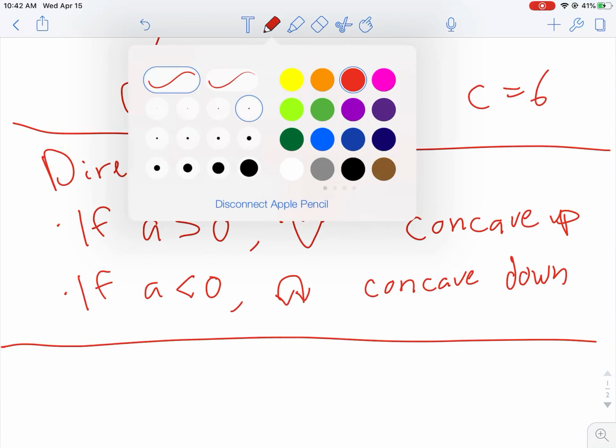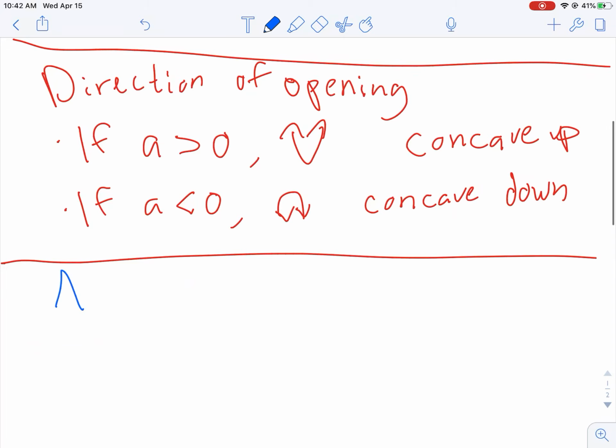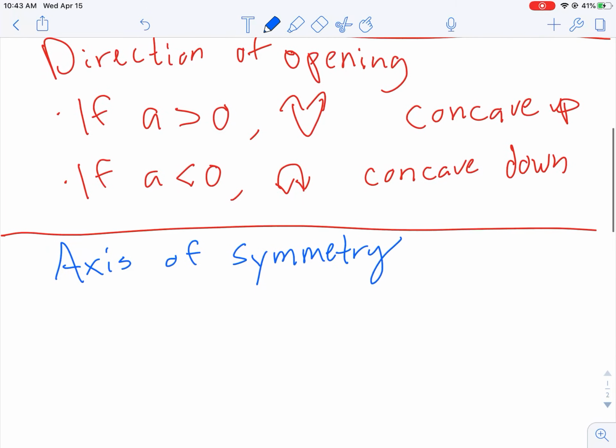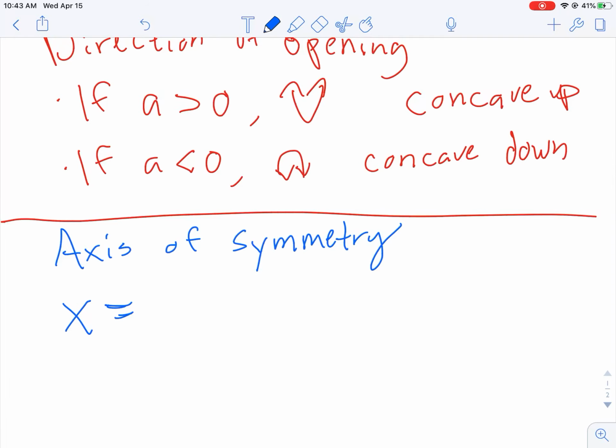The axis of symmetry has to do with the line that goes through the center of the parabola, going through the vertex.